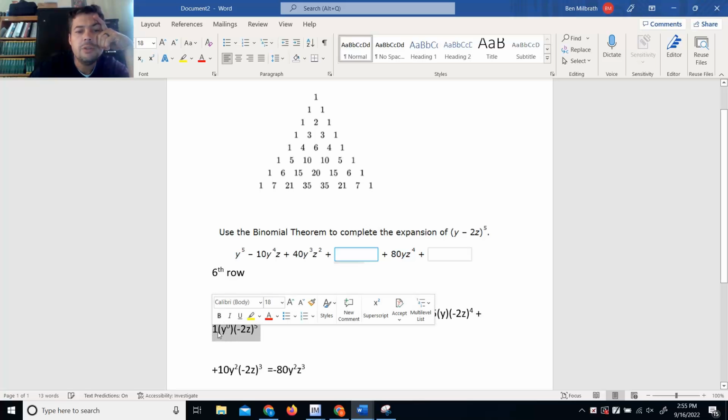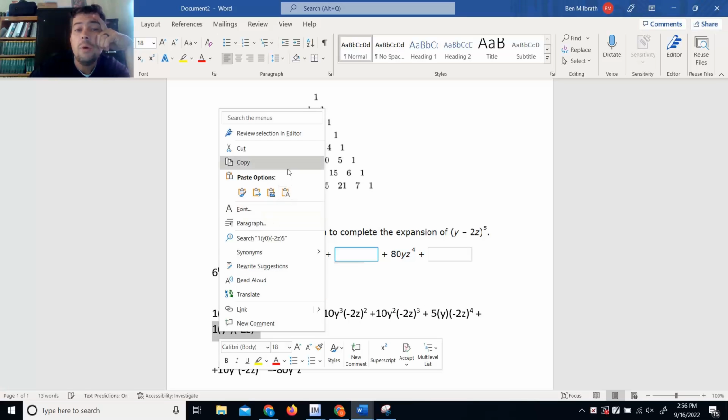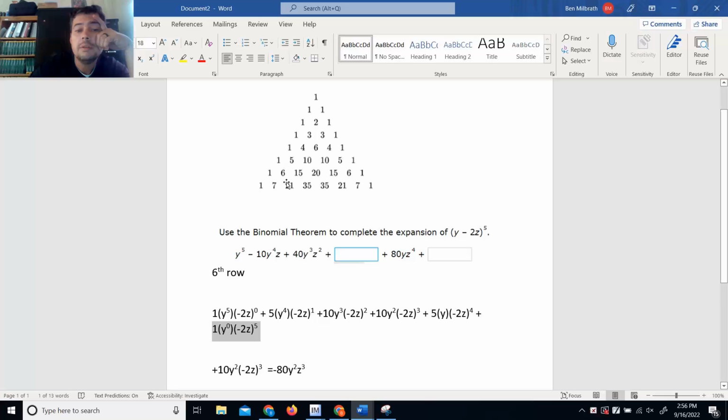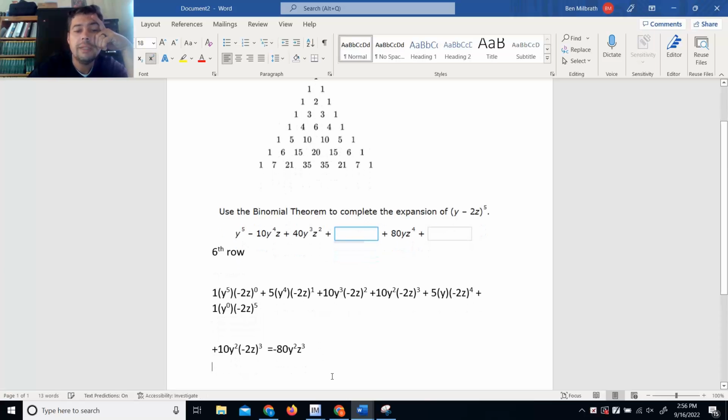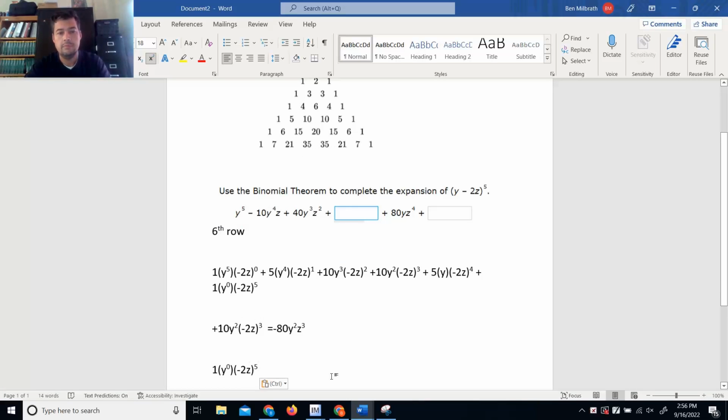If you take a negative 2 and you raise it to the fifth power, I swear it's negative 32. Probably shouldn't swear, but it is. That is going to be negative 32z to the fifth, sorry. Forgot my exponent.